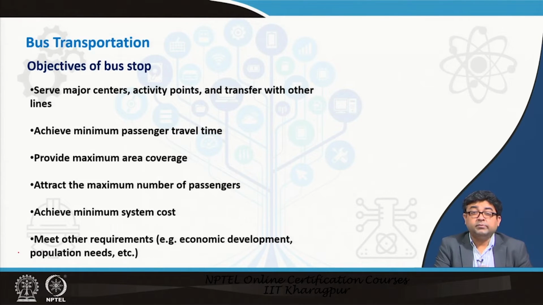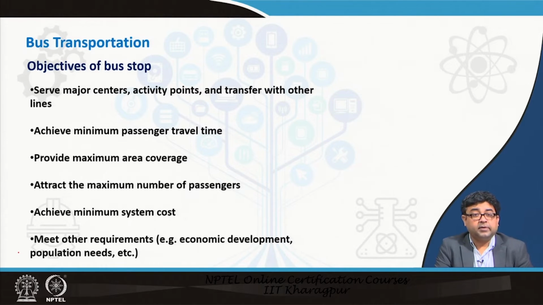It has to achieve minimum passenger travel time, right. If you remember, the travel time components on a public transportation system consisted of an access time as well as the time that is spent on the transit line. But the location of the stations plays an important role in achieving minimum passenger travel time.